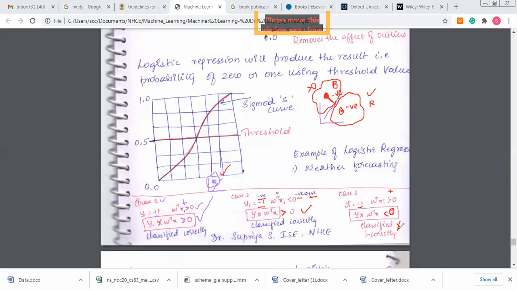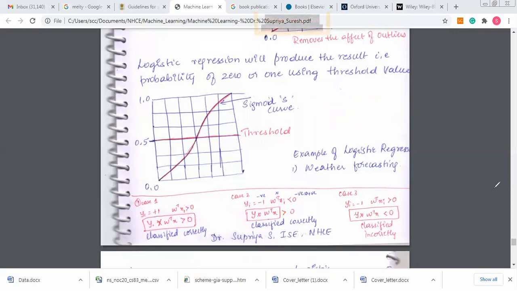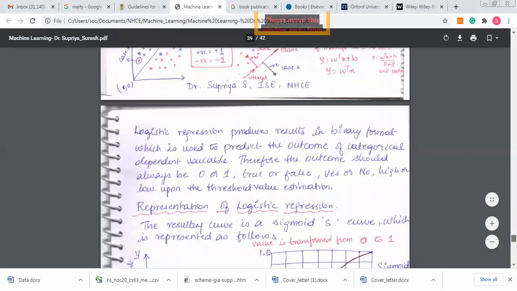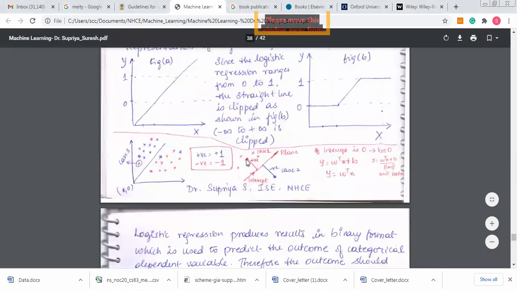Case 1 is if I take the blue points above the line. Let me just refresh that. You can see here, if I take any point above the line, W transpose of x is greater than 0. It's a positive point. When I multiply both of them, the value is obviously going to be greater than 0.